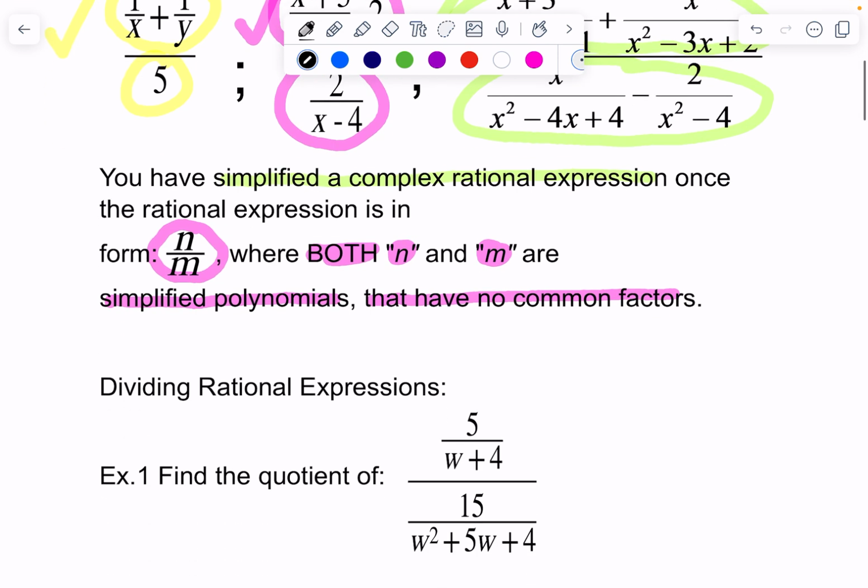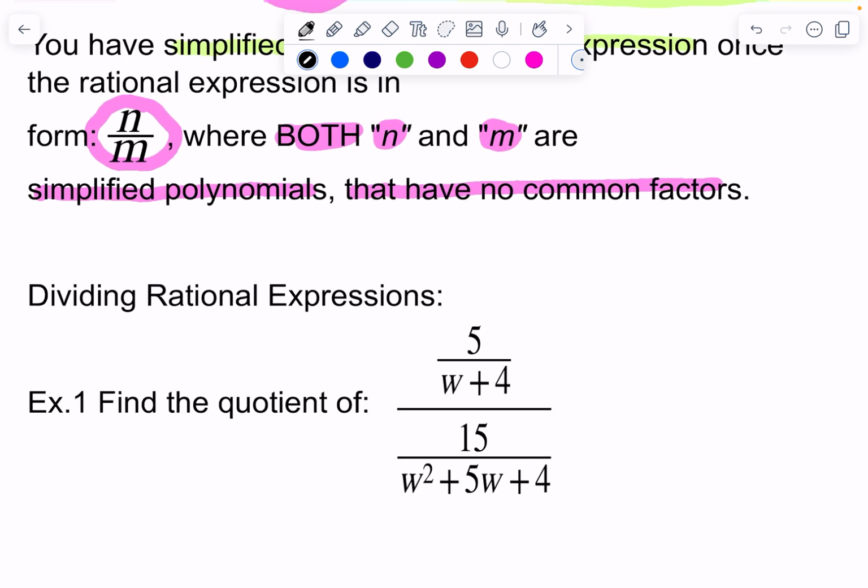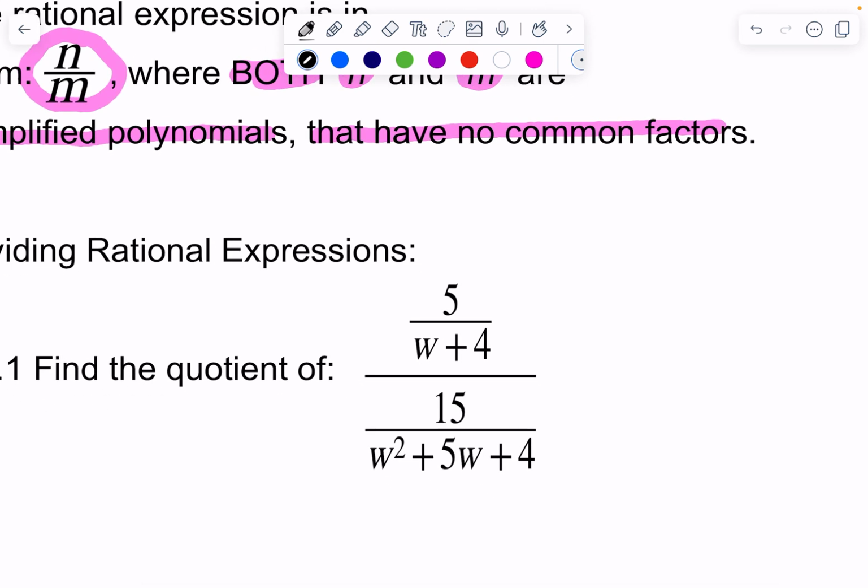Before we get into the crux of today's lesson, let's review dividing rational expressions. If you remember, in order to divide rational expressions, or to find any quotient of fractions, you want to use that good old stay, change, flip trick.